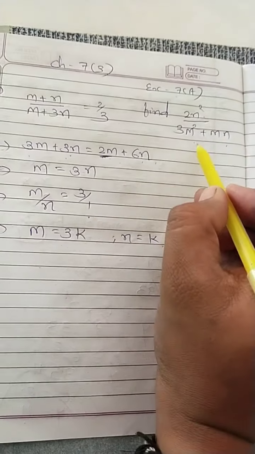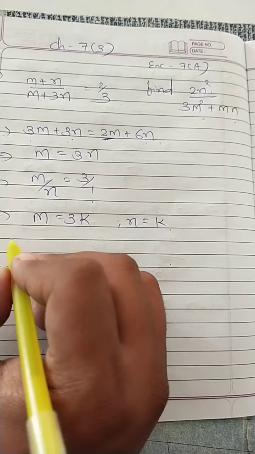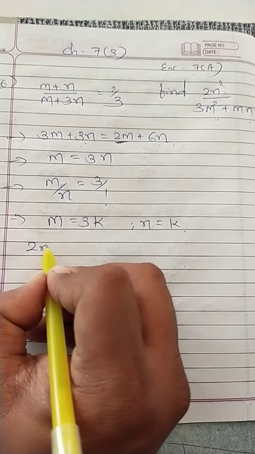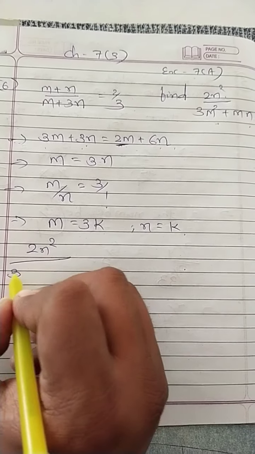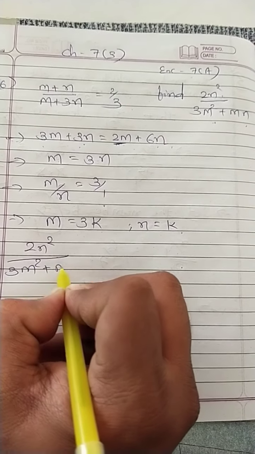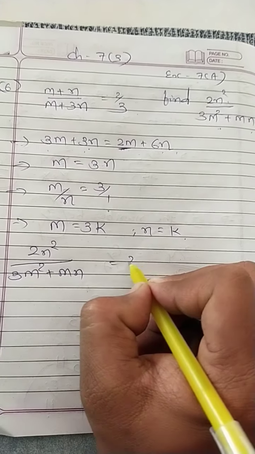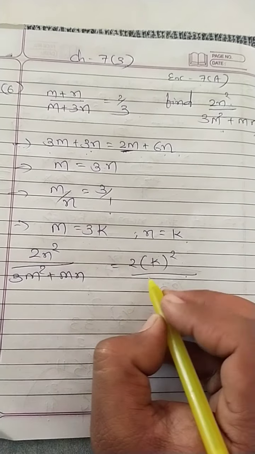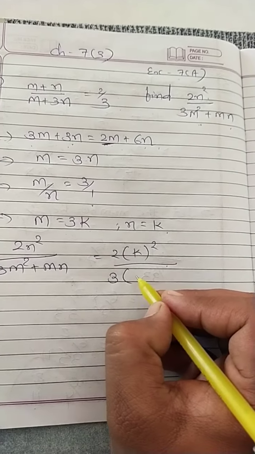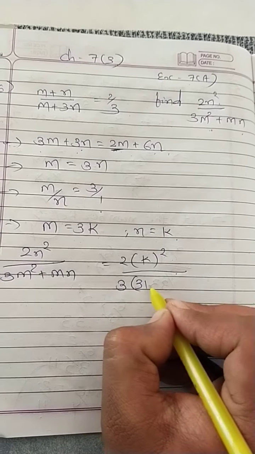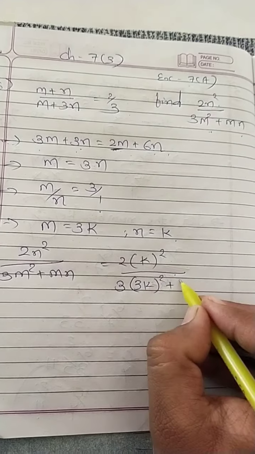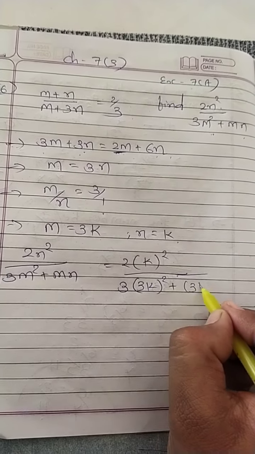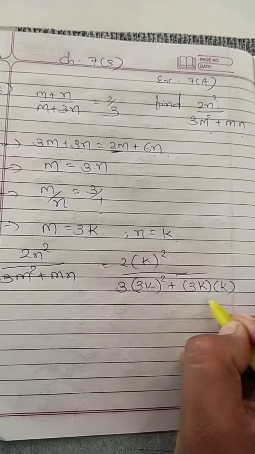Then if I replace the value here, we have to find the value of 2n square upon 3m square plus mn. Then 2, n means k, upon 3, m means 3k, plus mn, m means 3k and n means k.